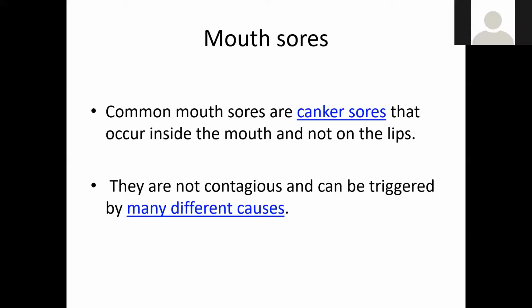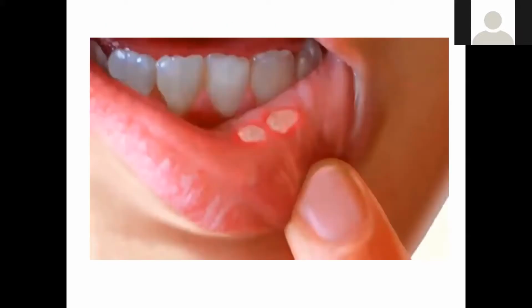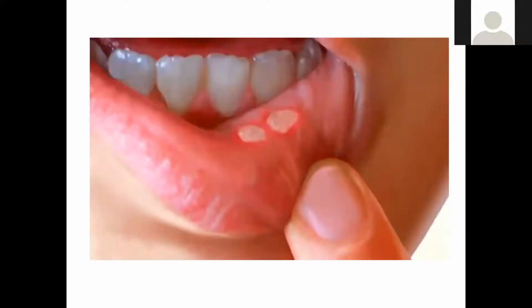They are not contagious. There can be different reasons for these mouth sores. One may be fever blisters, or cold sores, which are caused by the herpes simplex virus. You can see them on the edge of the outer lips.